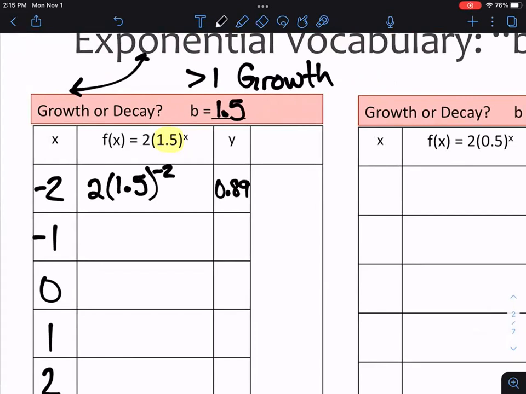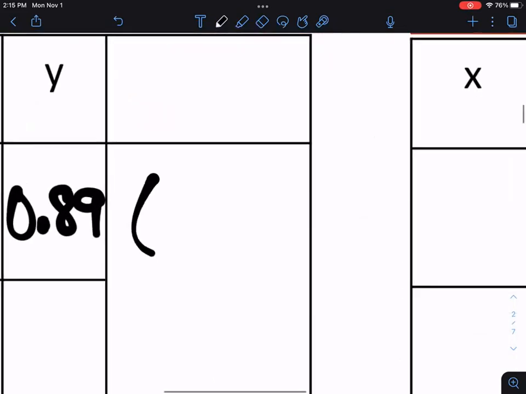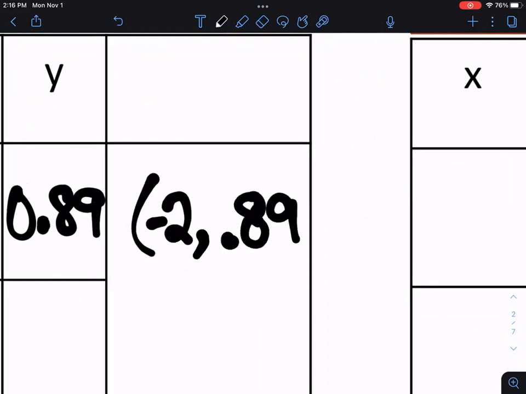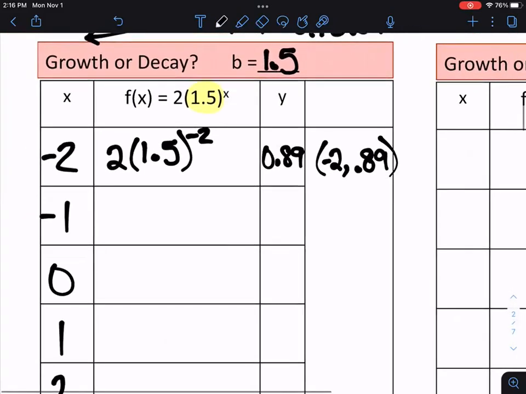So with that being said, that's going to give us the ordered pair -2 and 0.89. So we could graph -2, comma 0.89. We would just go left 2 and then up a little bit underneath 1.